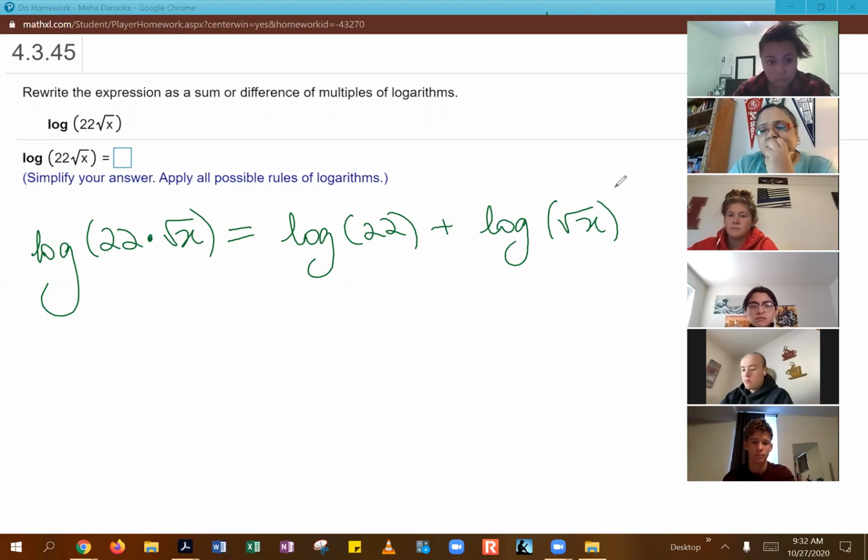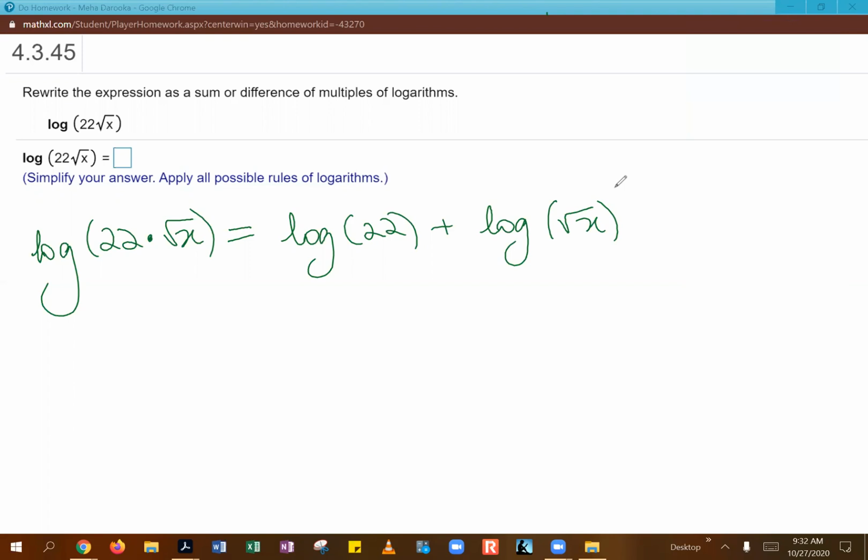I would use the power rule on the square root of x. Yeah, very nice. Exactly what you saw with that 6th root of 3. So you would have log of 22, which would stay as it is. We can rewrite our log of square root of x as x to the exponent of 1/2. And then, like Noah said, use your power rule to simplify it.